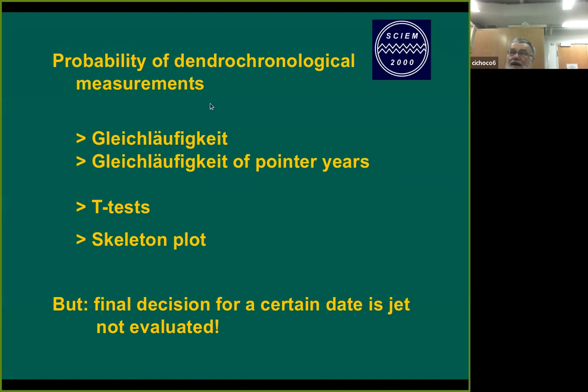So the problem of dendrochronological dating is that it is a probability. The result is a probability. And to prove this probability, you have a number of possibilities. So it is Gleichläufigkeit compared with Gleichläufigkeit of pointer years.